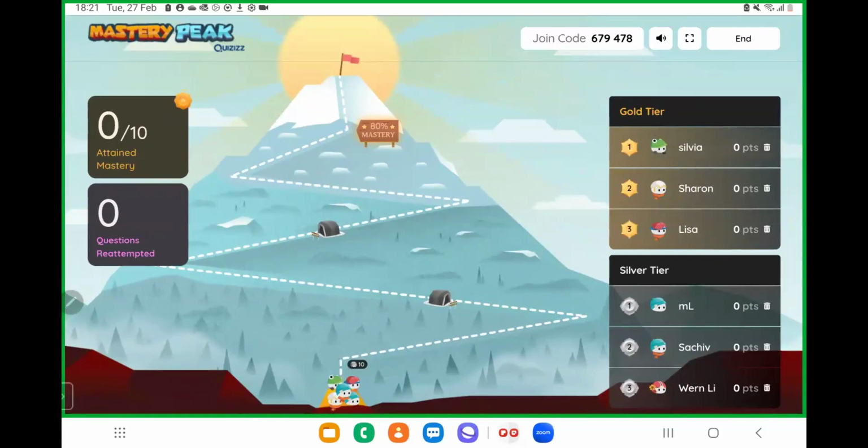You can use your calculator. If you have any question, you can ask in the chat.